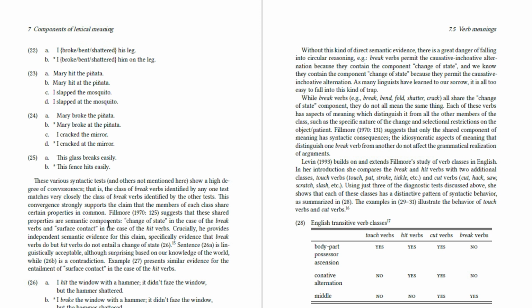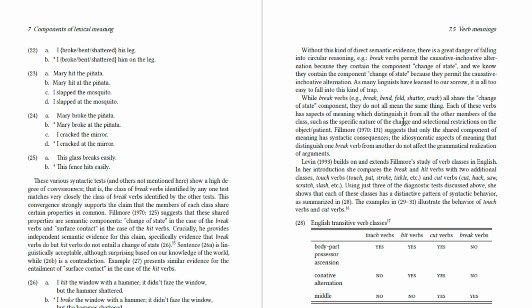We can say here the semantic components: a change of state in the case of break verbs, and surface contact. What I need from you is to understand that break verbs like break, bend, fold, shatter all share the change of state. When I ask you a question about giving two sentences about break, you have to tell me that it's about change of state.